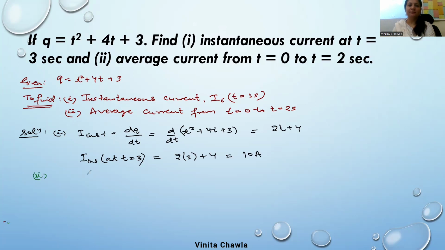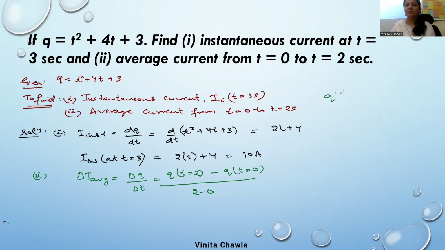Average current is delta Q by delta T. So Q at t is equal to 2 minus Q at t is equal to 0, divided by 2 minus 0. So find the values first.